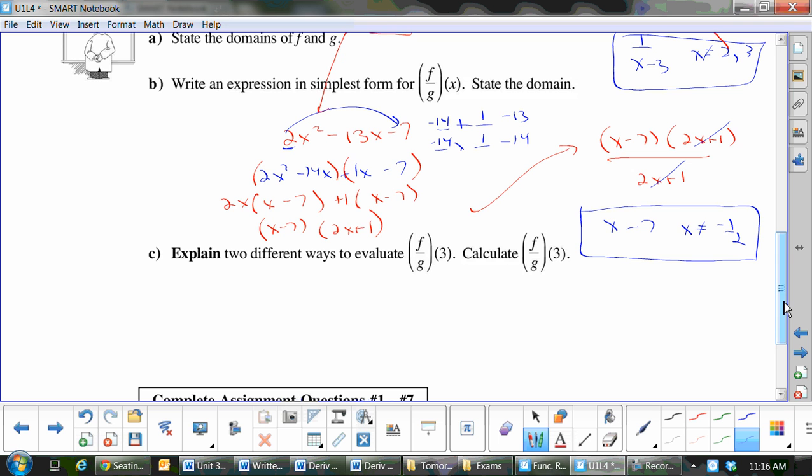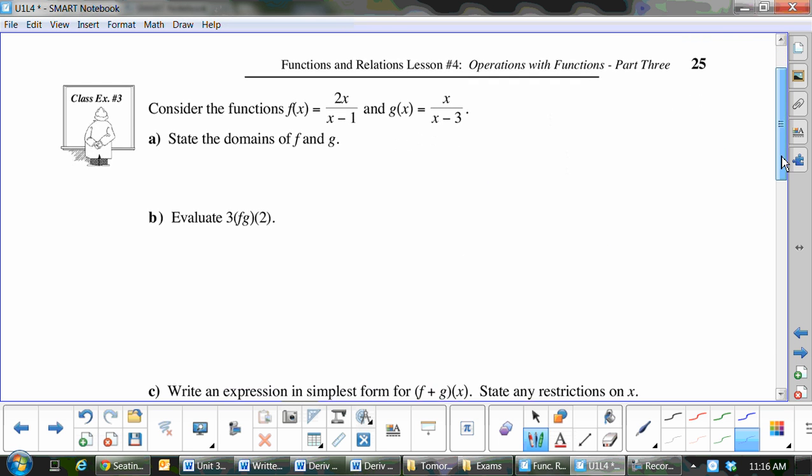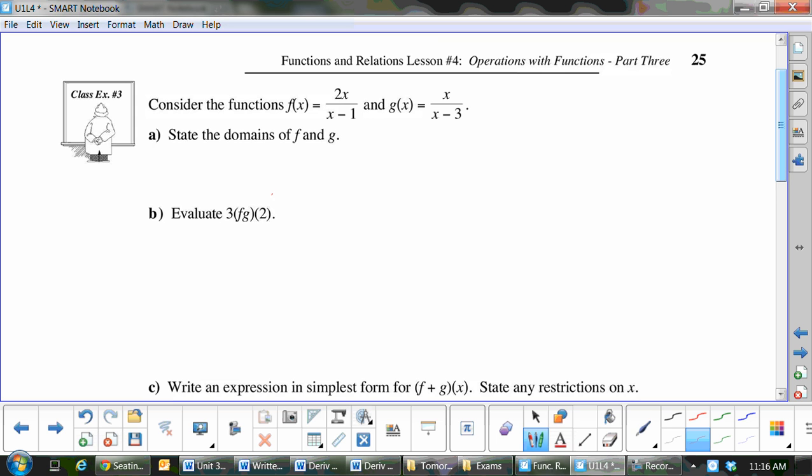Okay. So we're going to do this one here. What does 3 fg of 2 equal? Well, all this means is take 3 and multiply it by fg of 2.